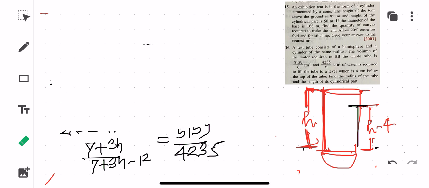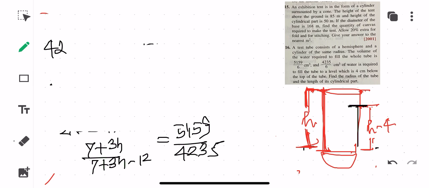Okay, so I'll be just erasing this. This question really went very long, children. So of course you have to go now for what? If you see, you can reduce this 5159 divided by 4235, children. Is this reducible in any form? Is it divisible by 3? No. Even if you are not able to, just go for simple cross multiplication.